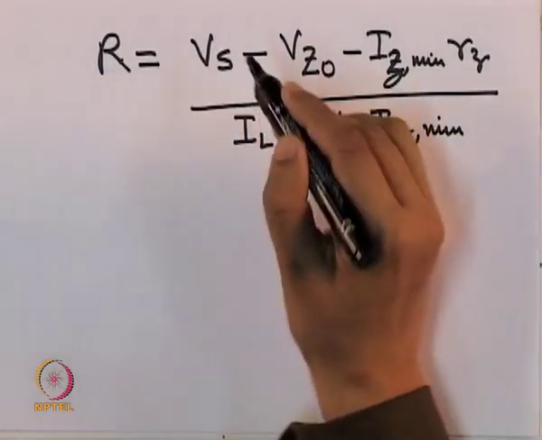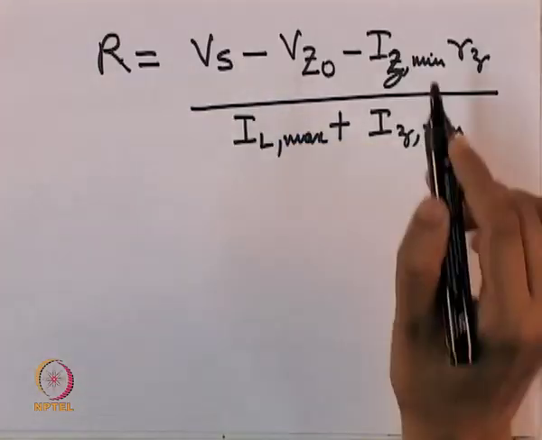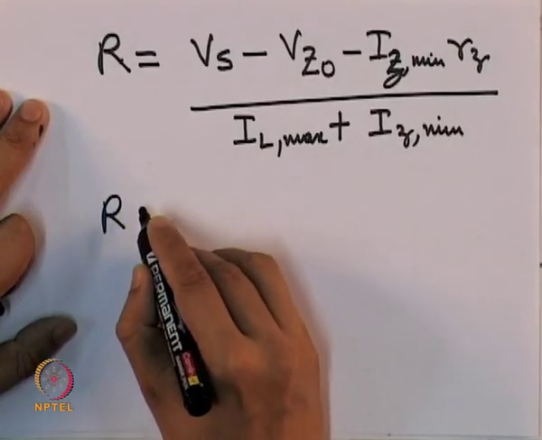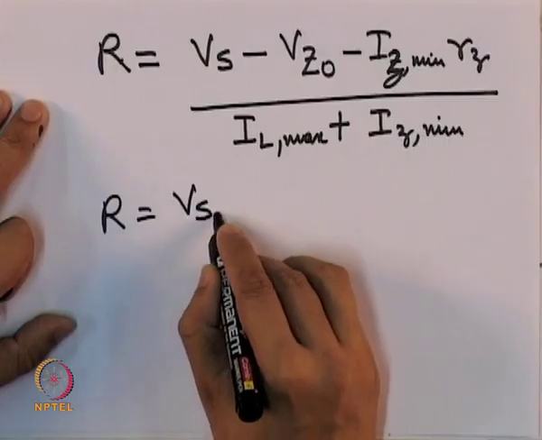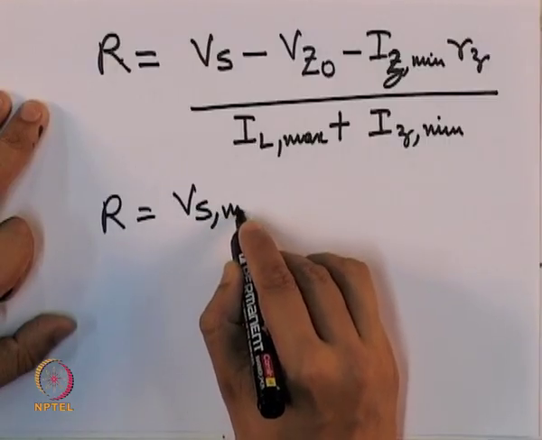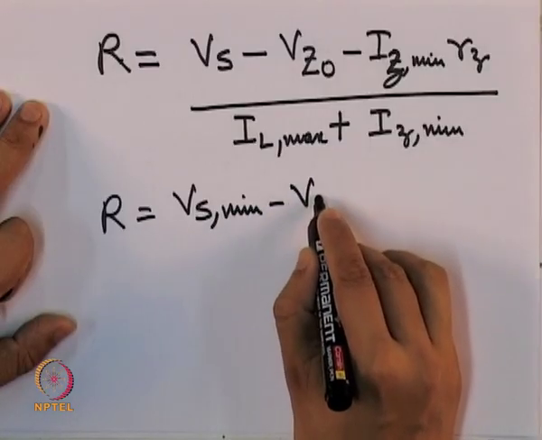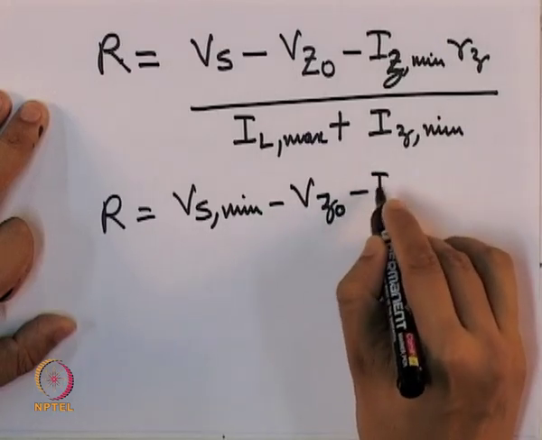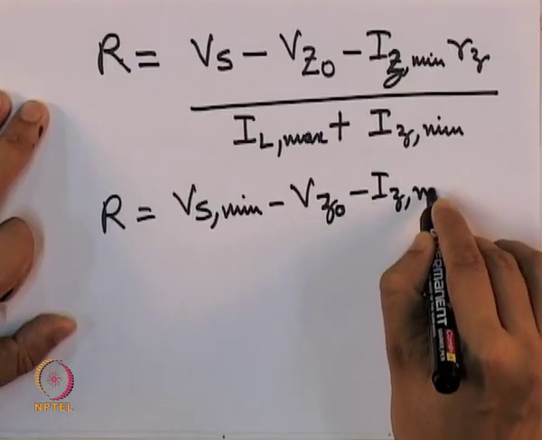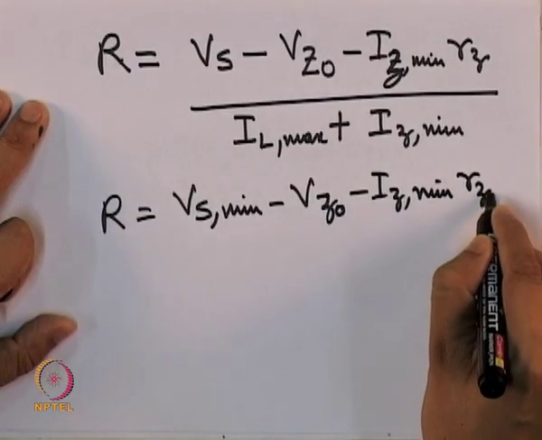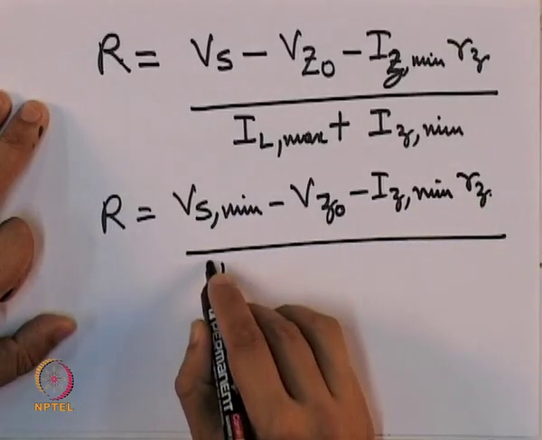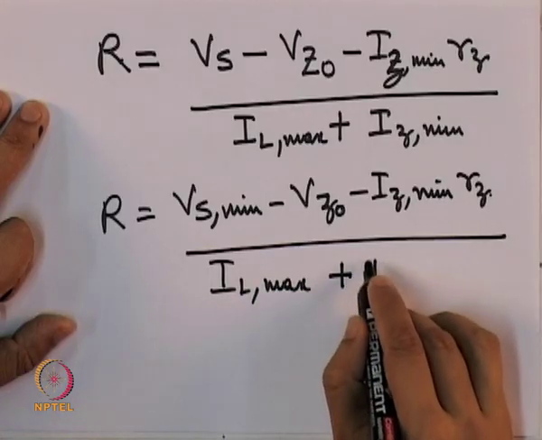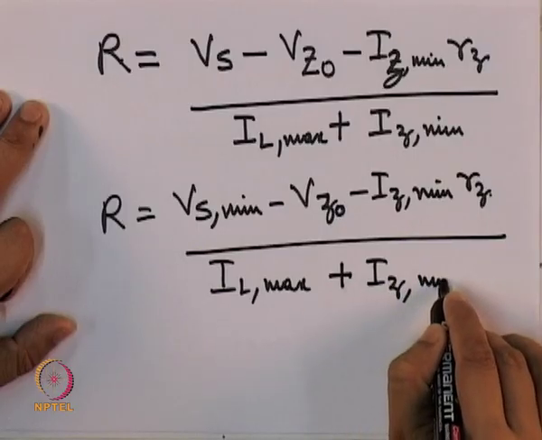Now, suppose there is a minimum value to this supply voltage also. Then the value of R will be equal to Vs min minus Vz0 minus Iz min Rz upon IL max plus Iz min.